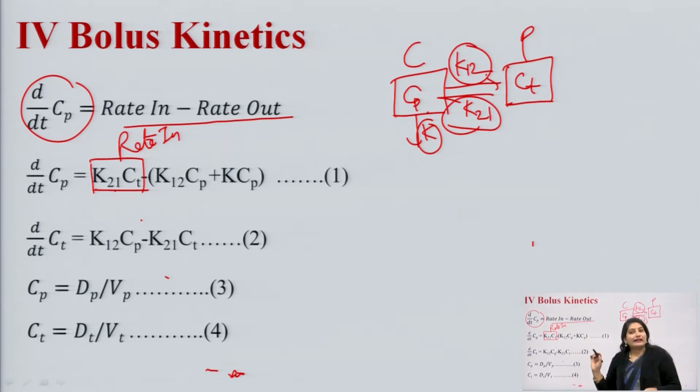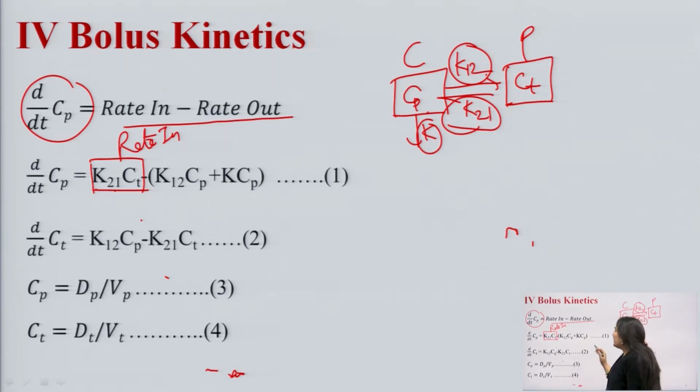Why have we written it like this? Because the drug is leaving from the central compartment. From here the Cp is leaving this compartment with the help of constant K, and from here the Cp is leaving the central compartment and reaching the peripheral compartment with the help of constant K12.